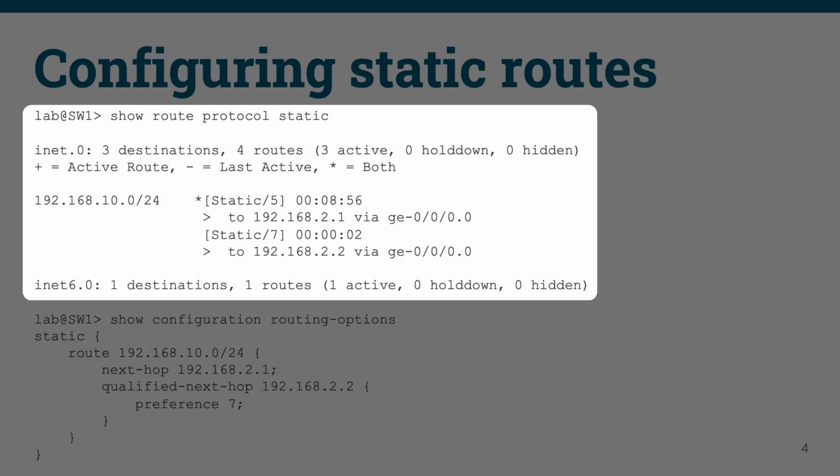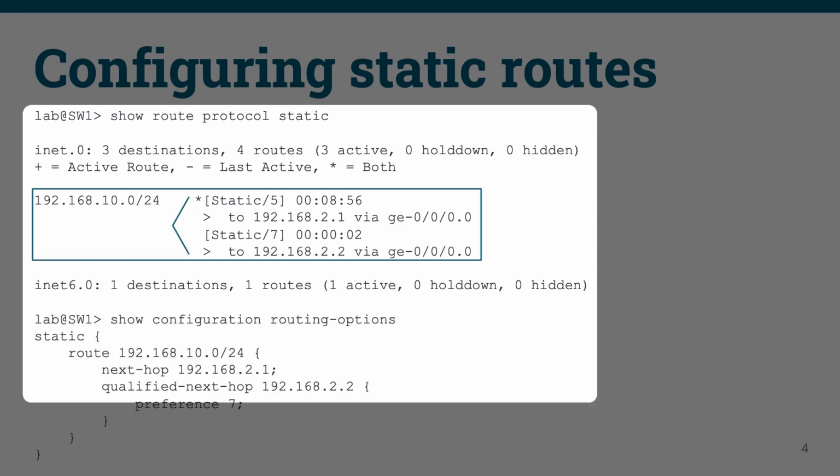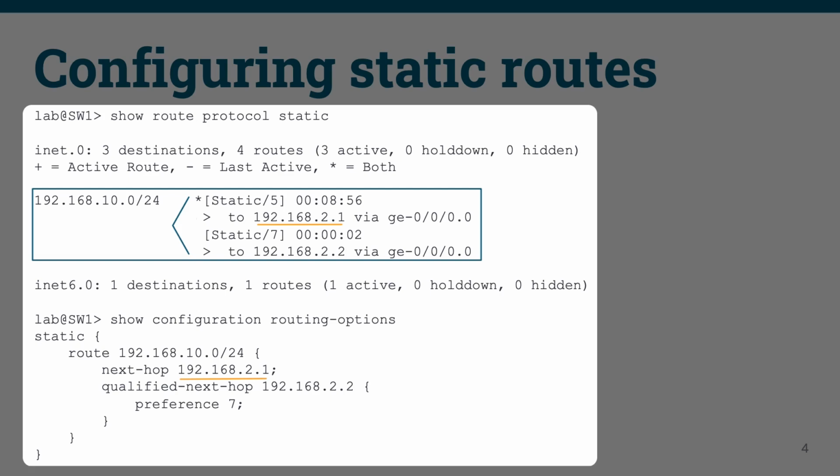We see in our output of show route protocol static that we have our entry for 192.168.10.0/24, which has two available next hops. The first is the primary next hop, which has the default preference value of 5.